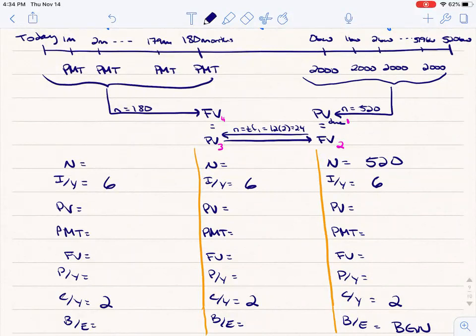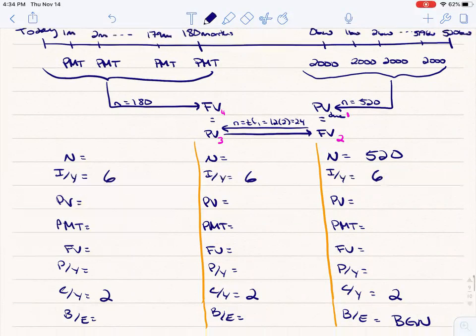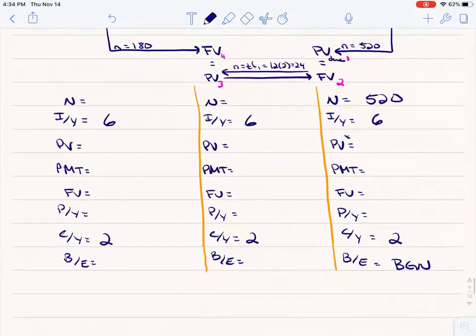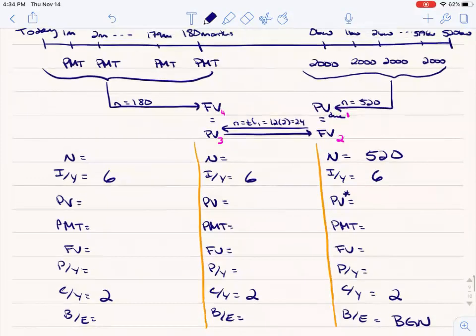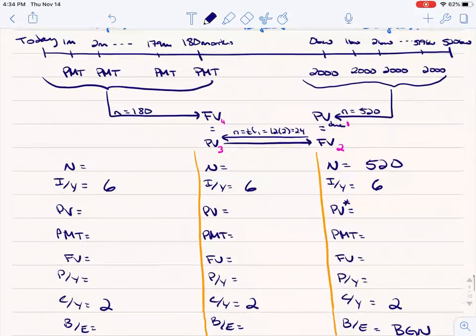In this right-hand section, which I'm going to call the first section because it's our first set of calculations, even though they're on the far right, we're finding the present value, so I'm going to indicate that with an asterisk. My payment amount is $2,000. Remember that we have to keep in mind whether this is positive or negative.